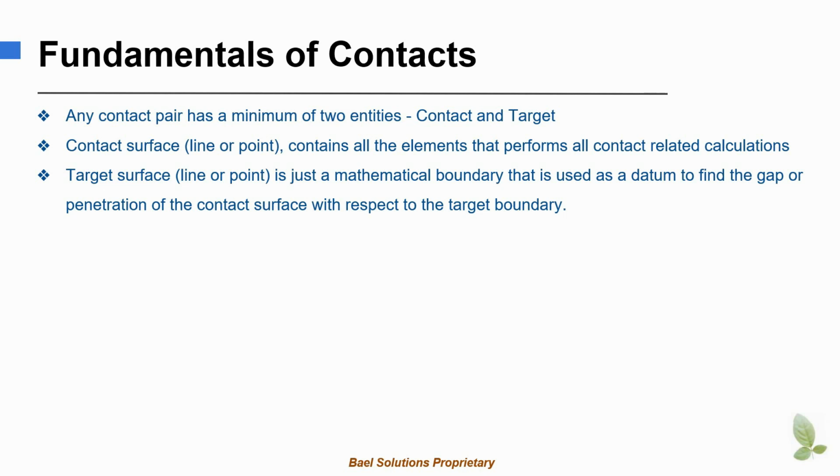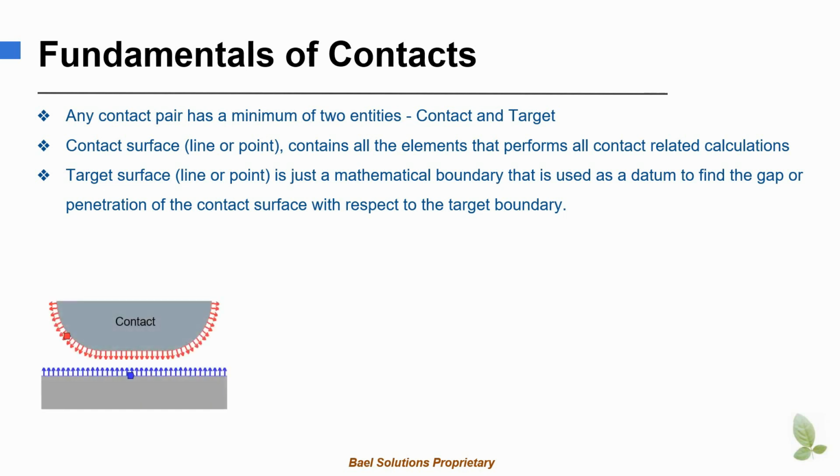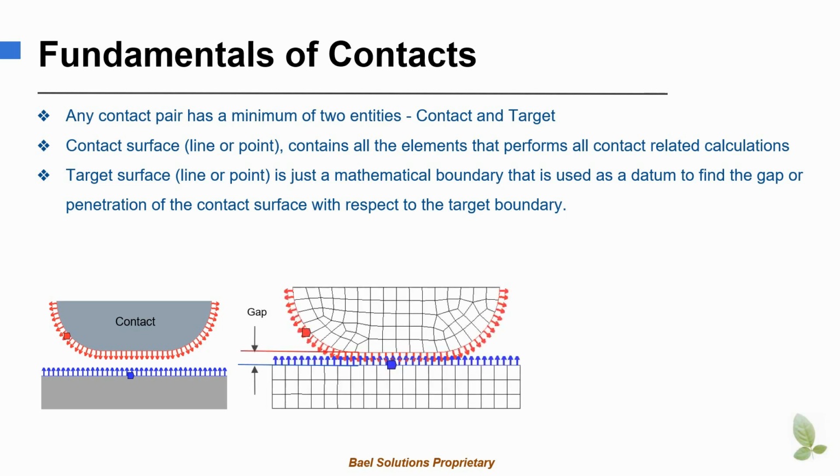An example of a contact and a target is shown in the figure below. The contact geometry is highlighted by red-colored edges and the normals. The target geometry is highlighted by blue-colored edges and the normals. Note that, in the first meshed figure, contact and the target surfaces are separated.